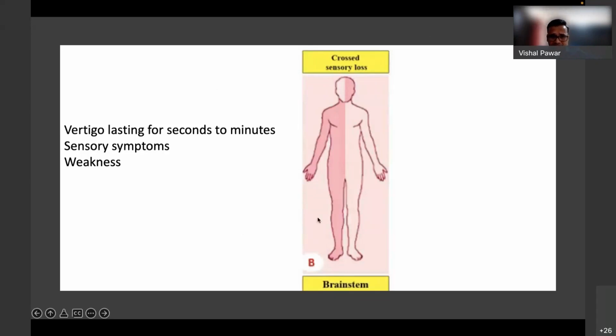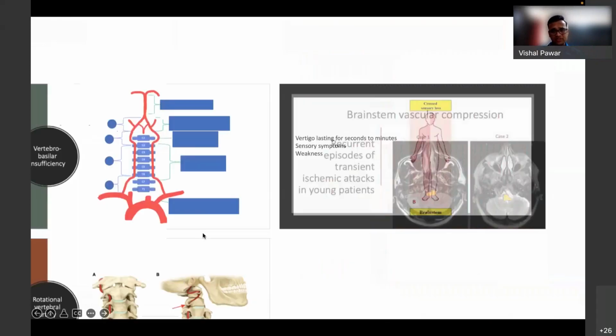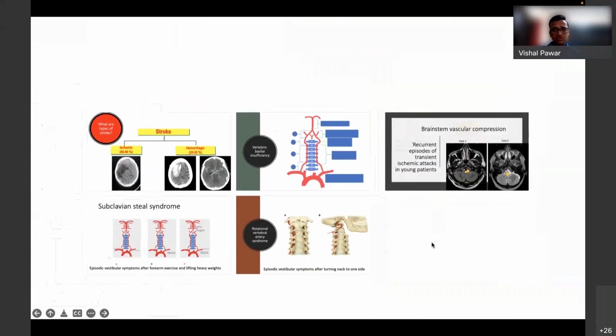If this doesn't get recognized, these patients can be missed and treated for some other cause like vestibular migraine, and it can lead to a stroke in these patients in future. So it's very important to recognize this entity.